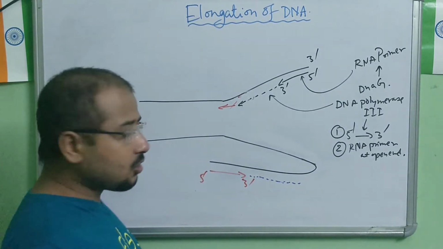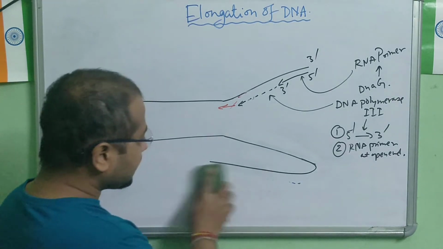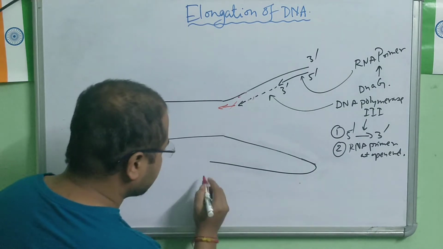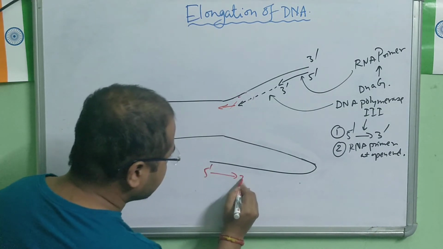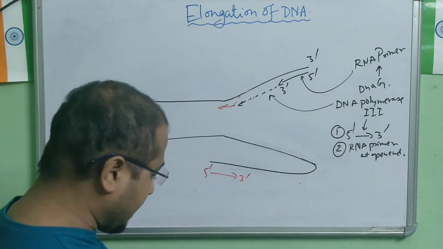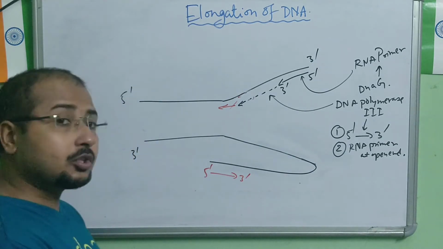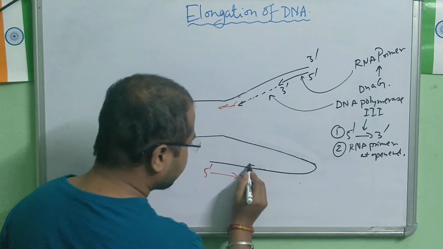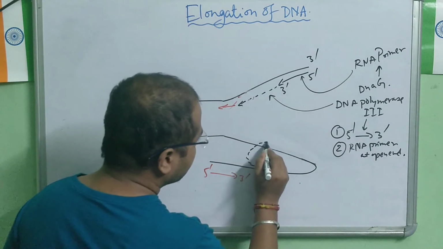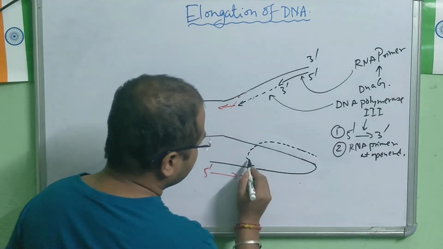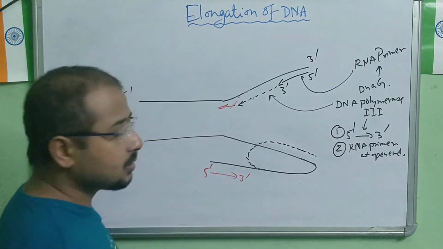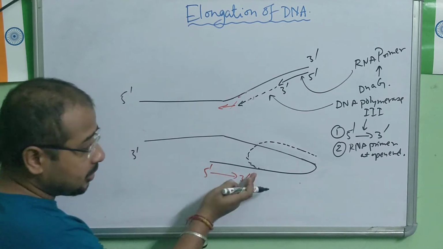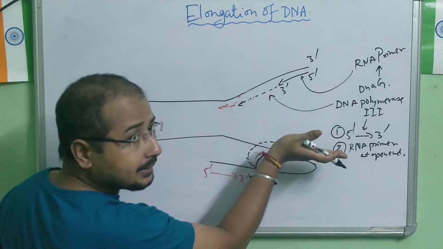Now, what happens here? Just for understanding, I am keeping this RNA primer as an example. Now the loop will take one more turn. Understood? So this part of the DNA takes a U-turn like this.